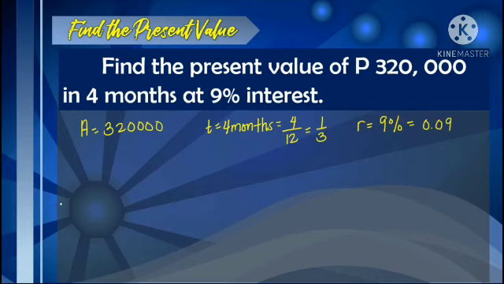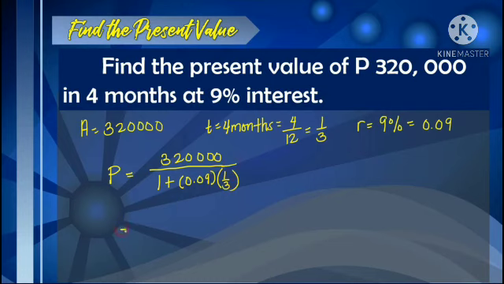Following the formula to find the present value, we have P is equal to A, which is 320,000 pesos, over 1 plus R, which is 0.09, times T, which is 1/3. Simplifying this, we have 320,000 divided by 1.03.